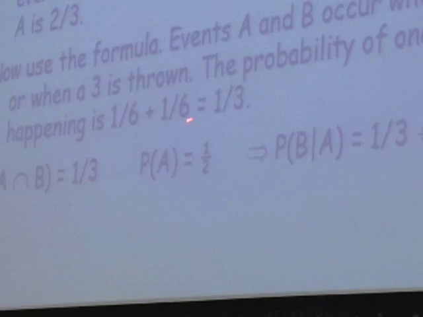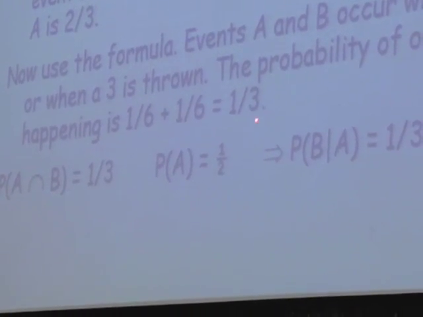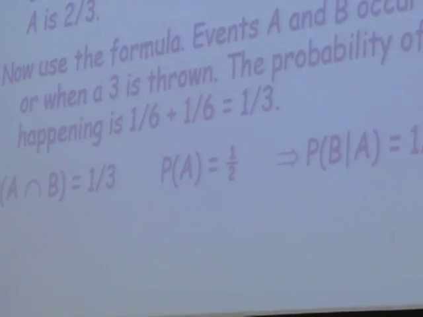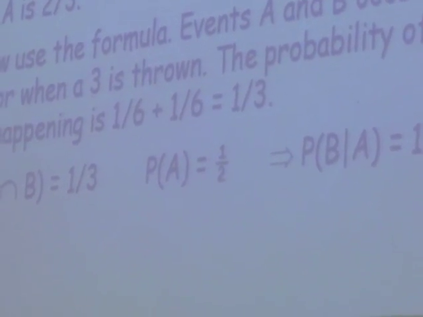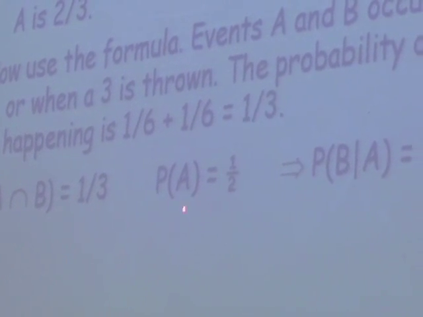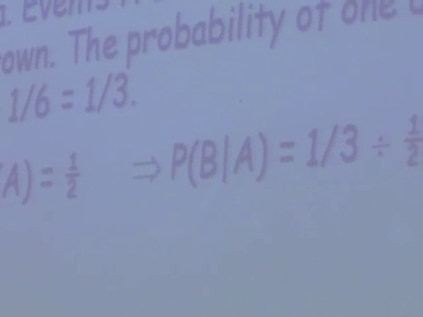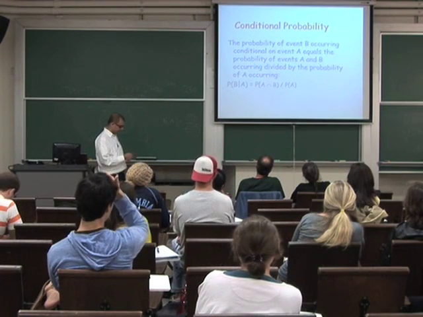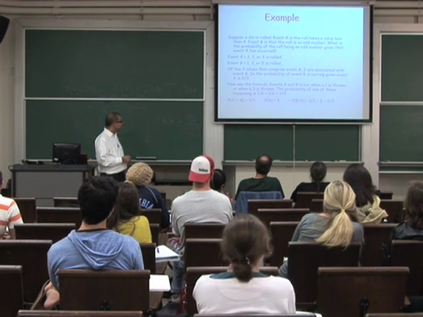So the sum of these is going to give you 1/3. So that's 1/3. Probability of A is 1, 2, or 3. Well, that's just going to be 3 outcomes out of 6. So that's half. So probability of B given A is 1/3 divided by 1/2, using the formula. There's the formula. 1/3 divided by 1/2, which is 2/3, right? Yes.